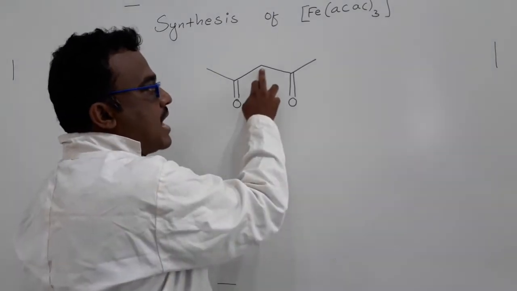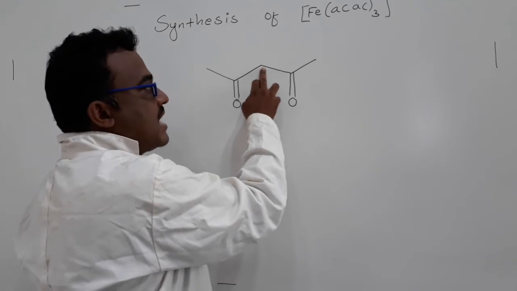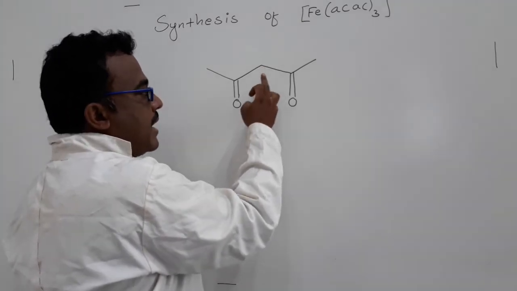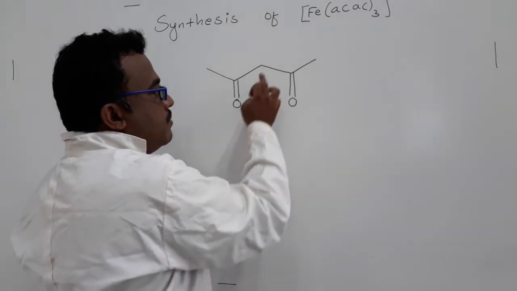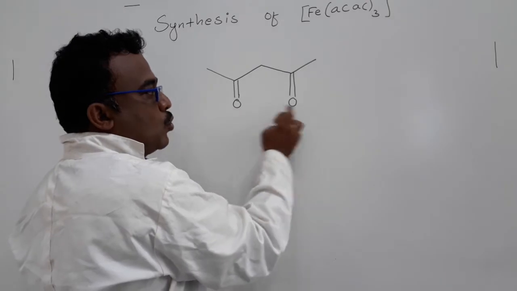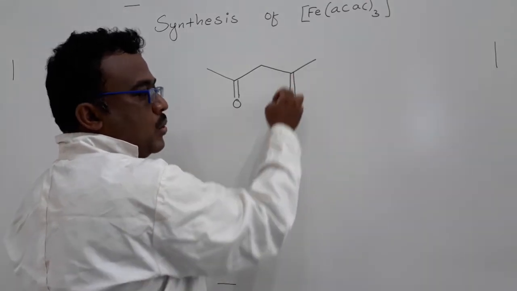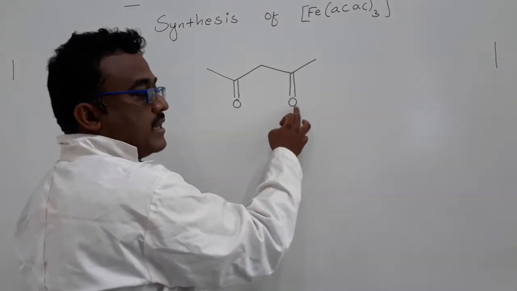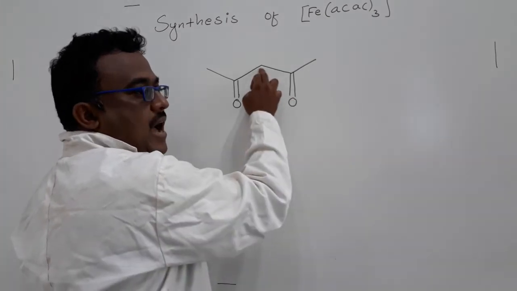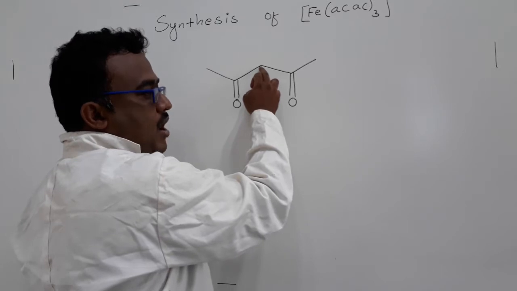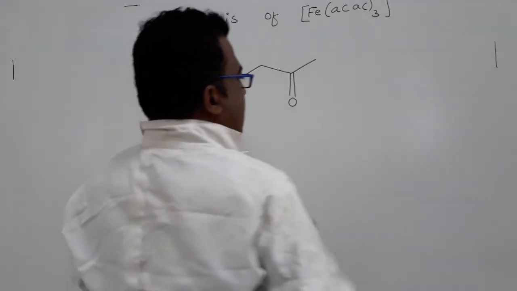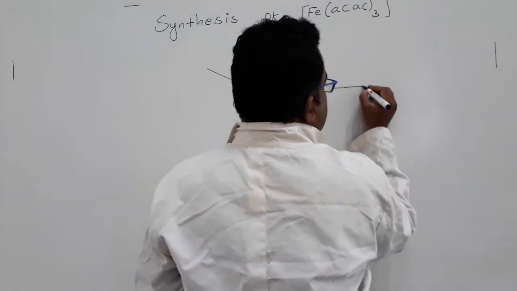It has an active hydrogen atom attached to the carbon atom, which is bridged by the two carbonyl groups. Because we know that the carbonyl group is an electron withdrawing group, the hydrogen atom attached to the carbon center becomes acidic, which favors keto-enol tautomerism.